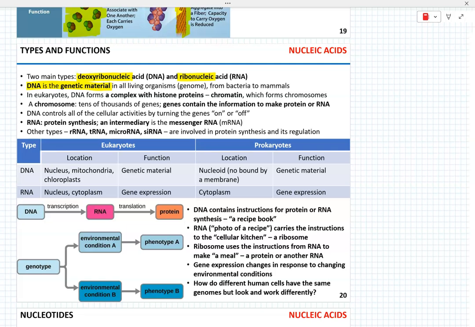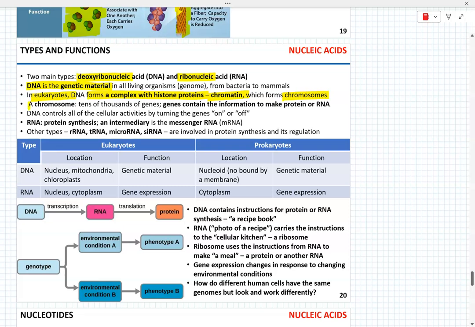In eukaryotic cells, DNA is complexed with special proteins called histones. This complex between DNA and the histones is called chromatin. Chromatin eventually can condense to form chromosomes.